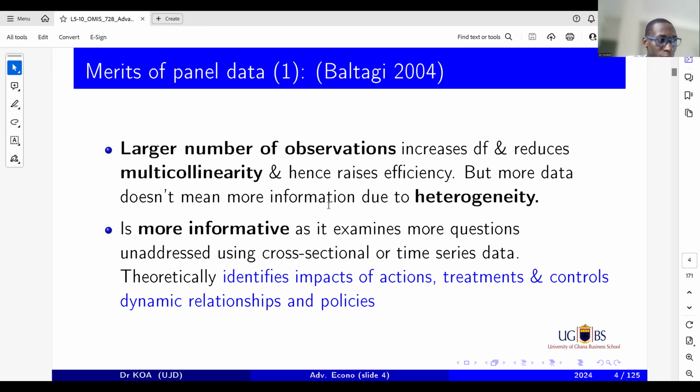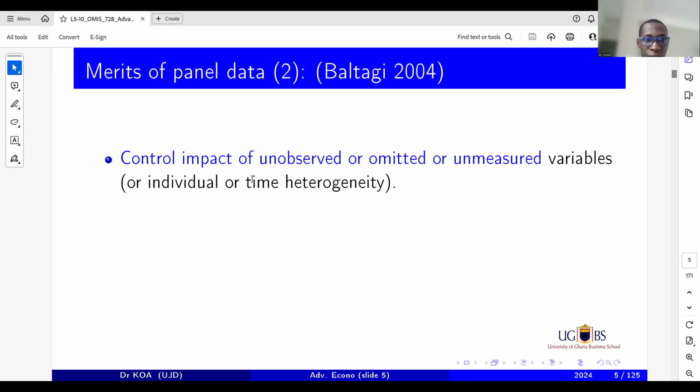You will not know the greater impact of the policy until you have collected panel data. Once you collect panel data, you will be able to detect the effect of the policy better. The panel data is very useful. You can control for unobserved heterogeneity, whether it is time heterogeneity or individual heterogeneity.